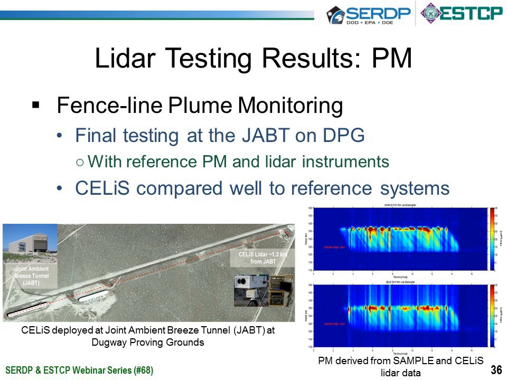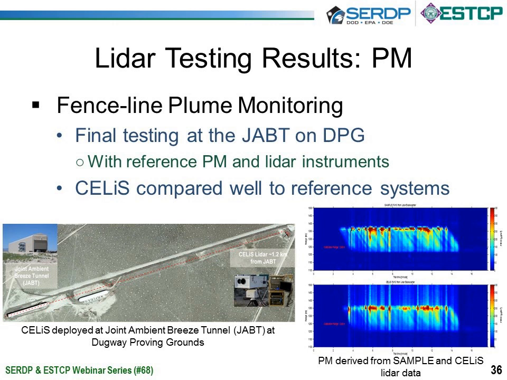In the figures, the left top was the Joint Ambient Breeze Tunnel, the long warehouse structure with controlled uniform flow from one end to the other, where various aerosols can be released within it for testing of standoff detection equipment. The dimensions are roughly 75 meters by 350 meters.